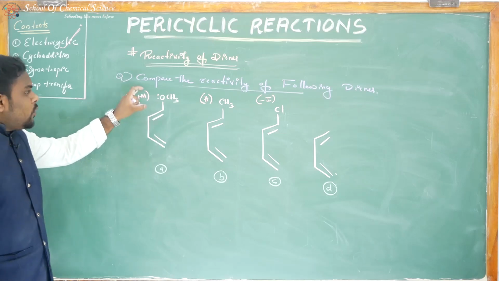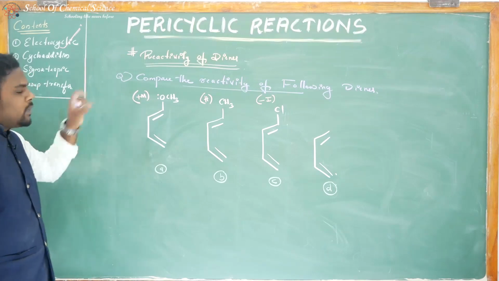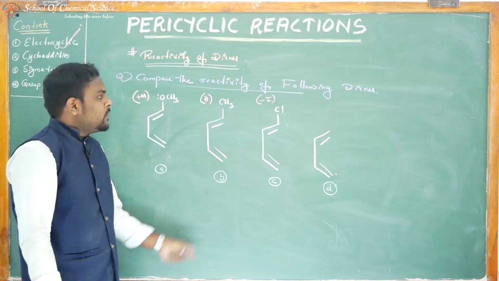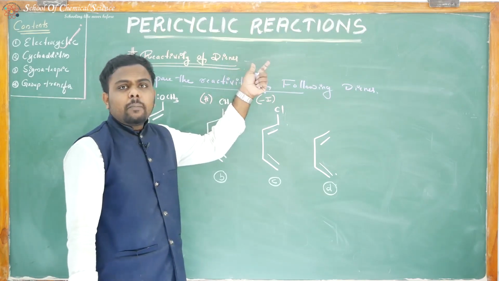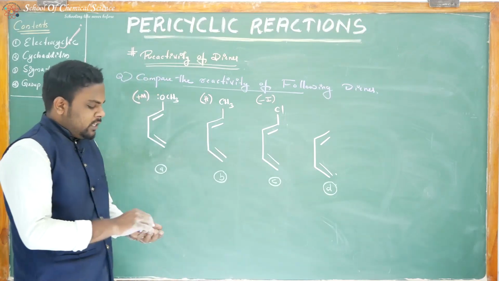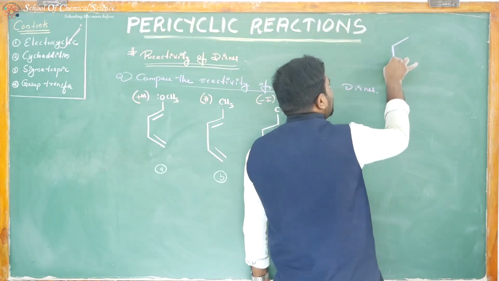So OCH3 is an electron donating group, plus mesomeric effect. CH3 is also an electron donating group, hyperconjugation. Chlorine is an electron withdrawing group, minus I effect.